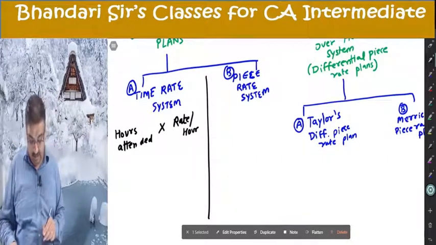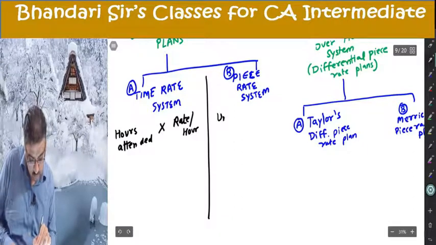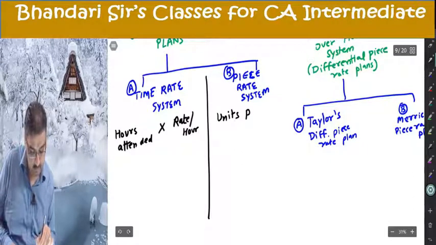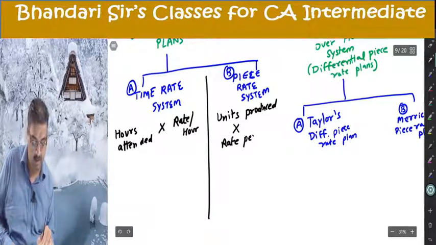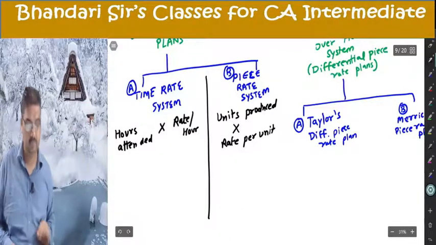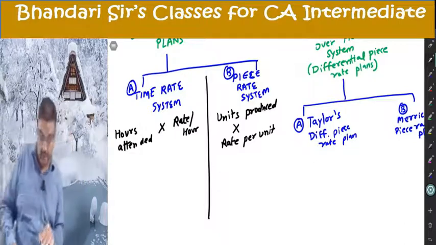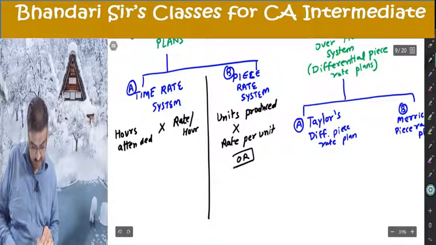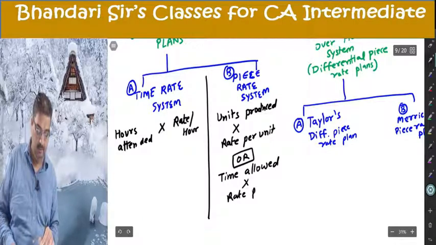Now piece rate system, units produced multiplied by rate per unit. If units produced are not known, then second alternative, time allowed multiplied by rate per hour.